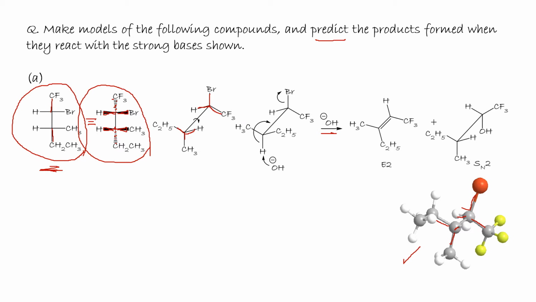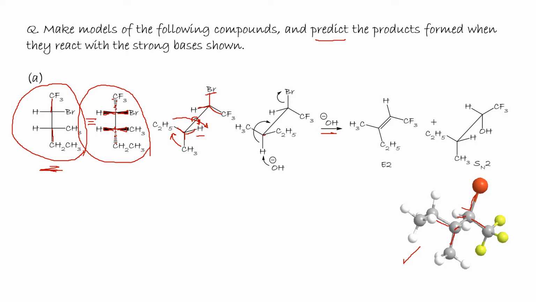For the dehydrohalogenation, the Br and the H should be anti-coplanar. So I have to rotate the molecule about the carbon-carbon bond; hydrogen will be down, CH3 will be up, and C2H5 will be on the right.